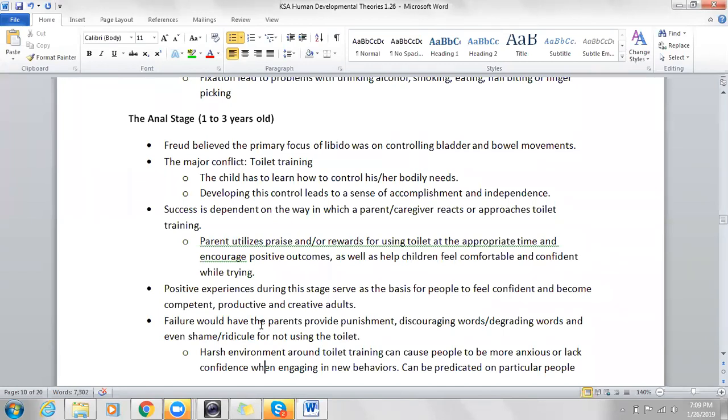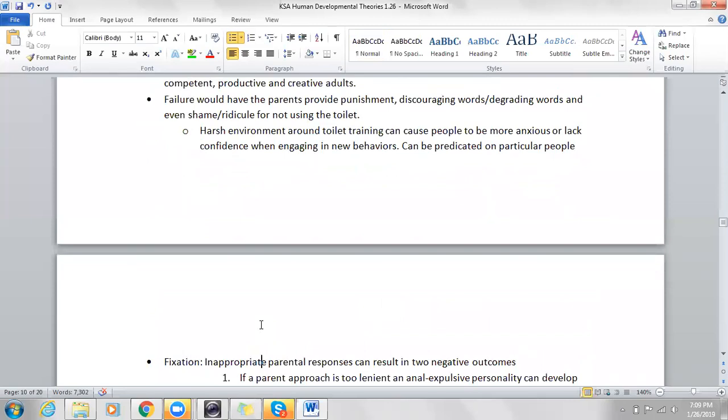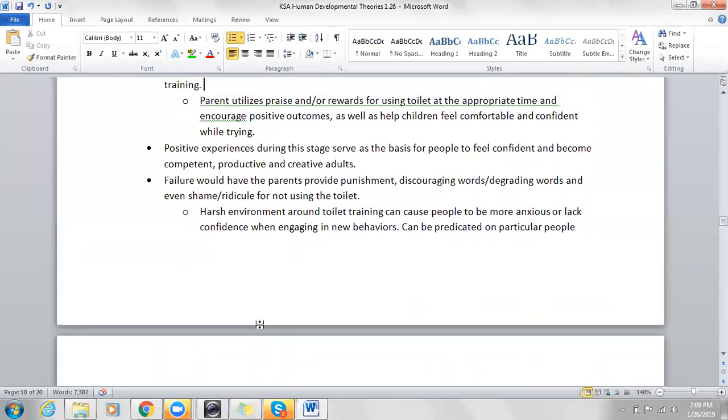So no brainer here. The more positive and encouraging you are, the more likely positive results will happen and the more confident the child will be in the long term, aka positive self-talk. Positive experiences during this stage serve as the basis for people to become comfortable, confident, productive, creative adults.